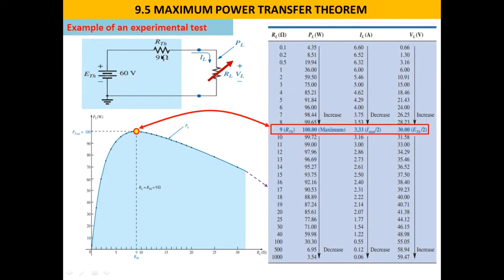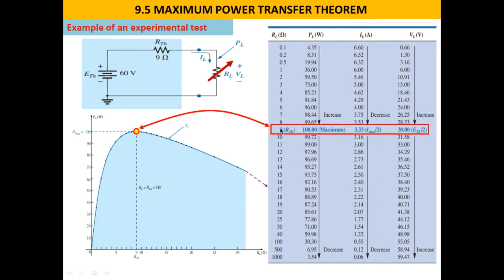When we adjusted RL at 9 ohms, we measured 3.33 amps and 30 volts. So we have calculated the power, which is 100 watts.